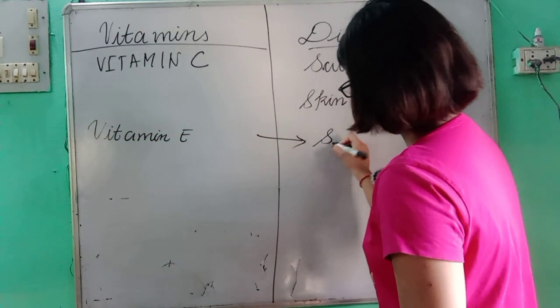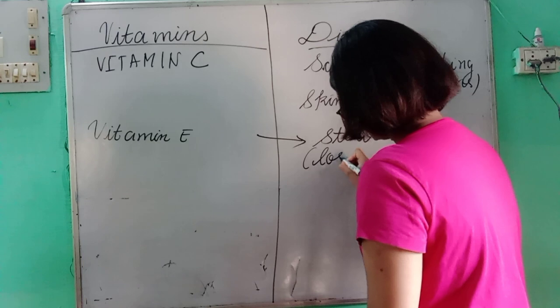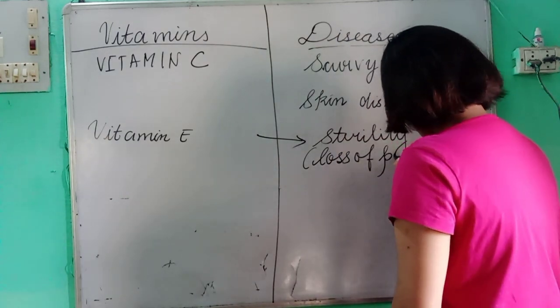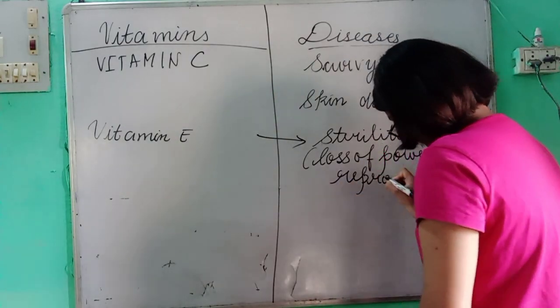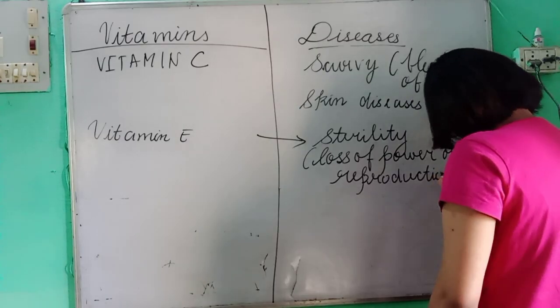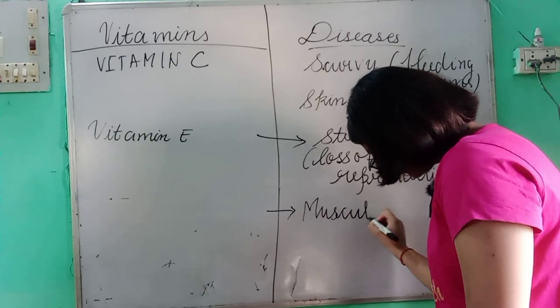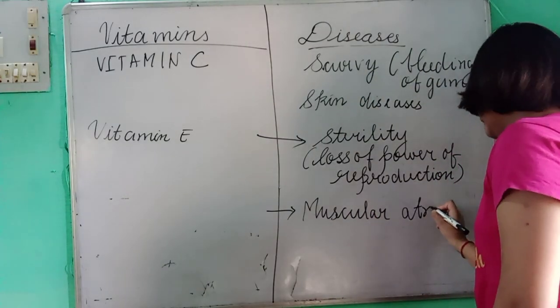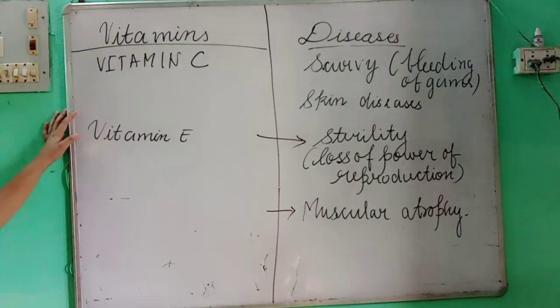So this is vitamin C causing scurvy, bleeding of gums, and then vitamin E, sterility, loss of power of reproduction, and muscular atrophy. Now let's move on to vitamin D and vitamin K.